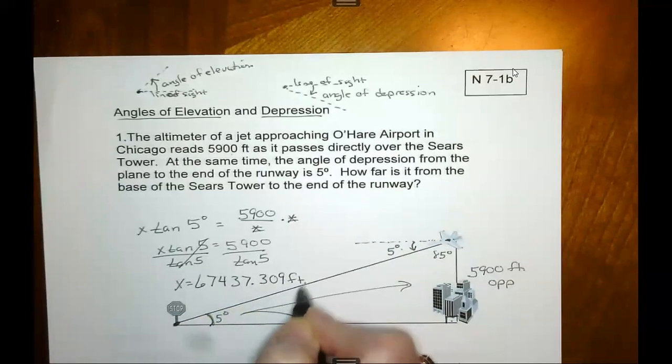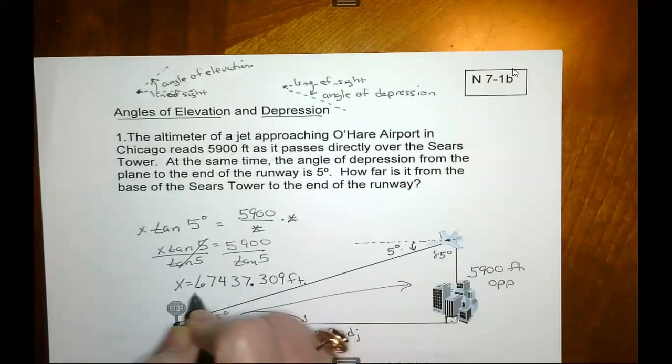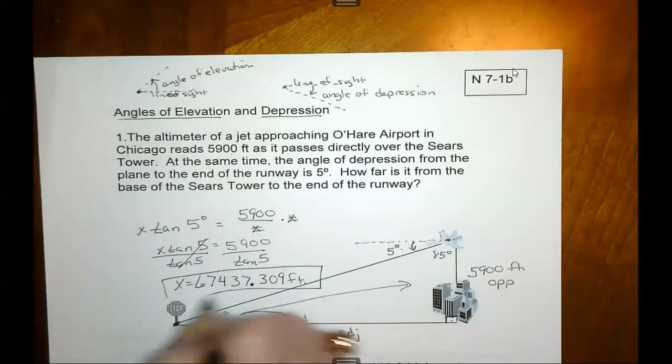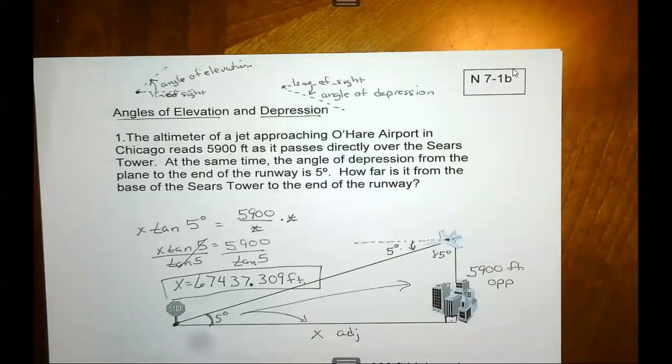And that's in feet. And it didn't ask us to make any conversion, so that's it. Now the nice thing about these is usually they're just asking for one side or one piece of our triangle, so we don't have to find all the missing pieces, just the one that they are asking for.